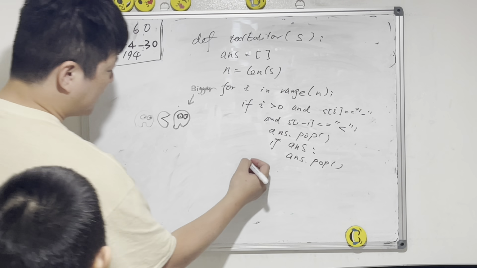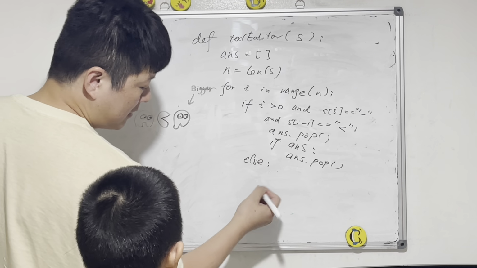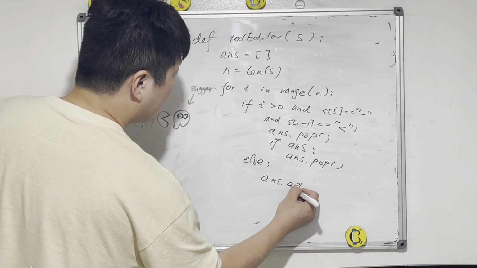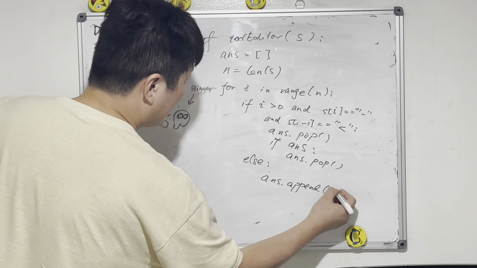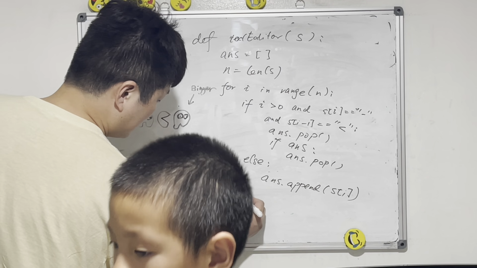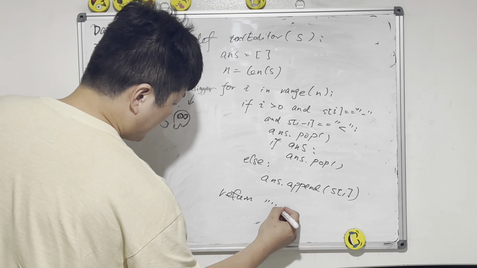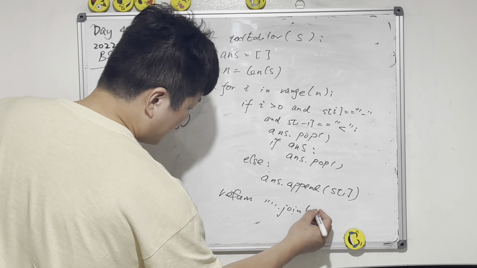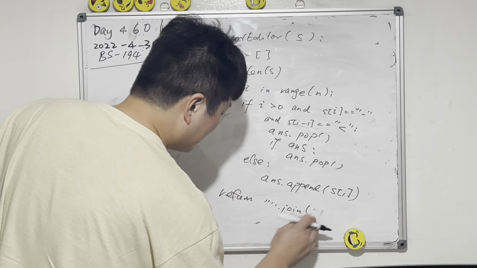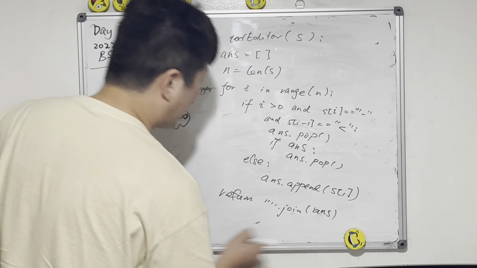I'm going to explain this later. Otherwise, answer.append s[i], and then we return empty.join of the answer. What's join, by the way? Joining stuff. We join the answer, since the answer is a stack.